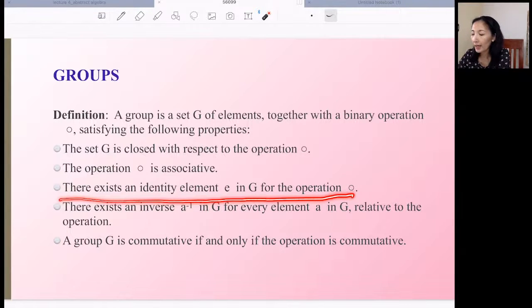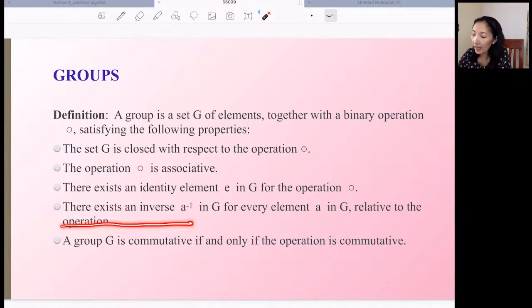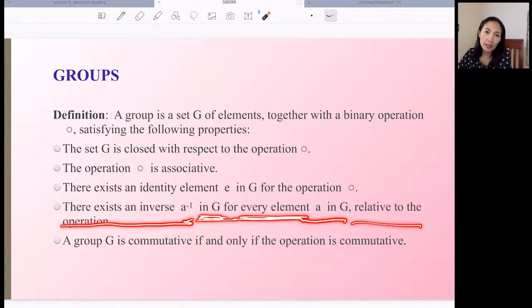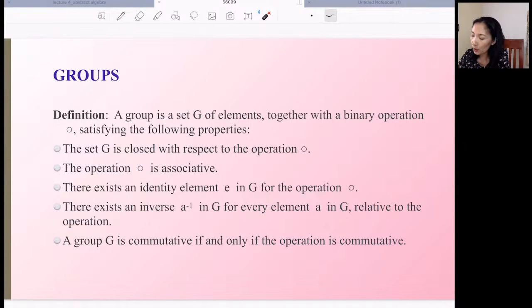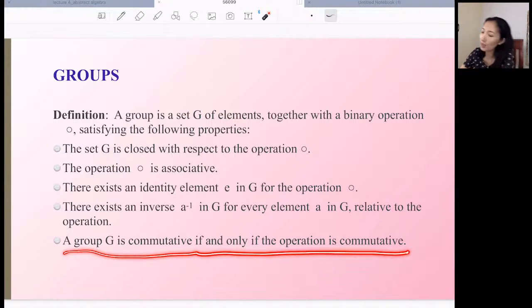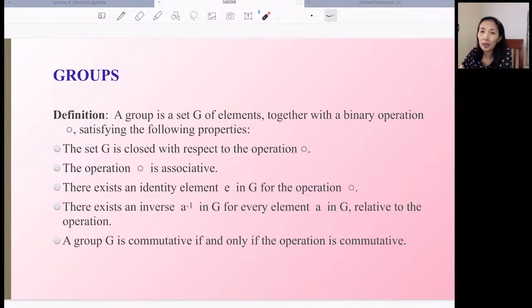Fourth, there exists an inverse in every element. Take note, every element A in G, with respect to that operation. A group is commutative if and only if the operation is commutative. So, this is a special type of group, what we call a commutative group.